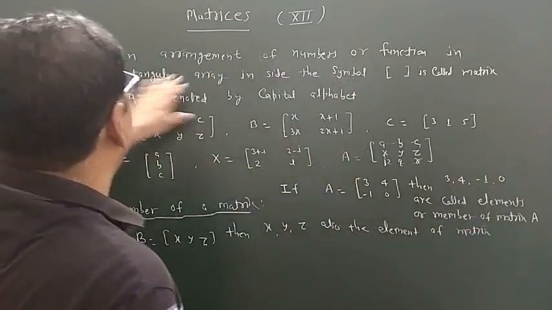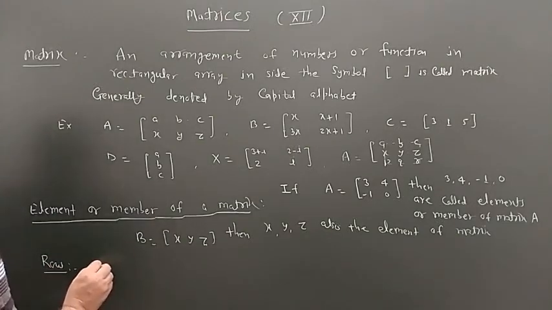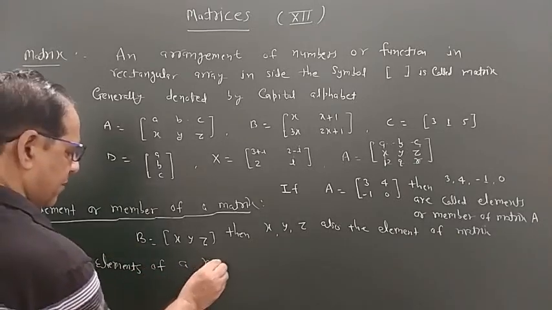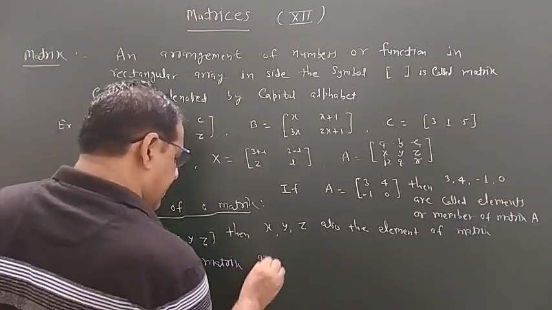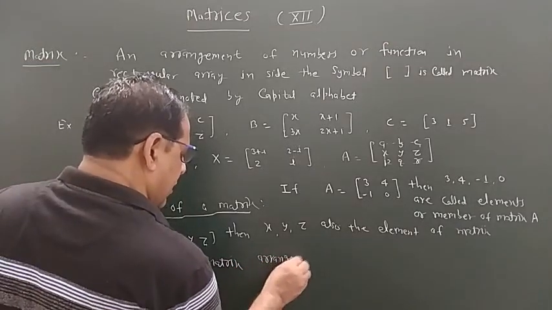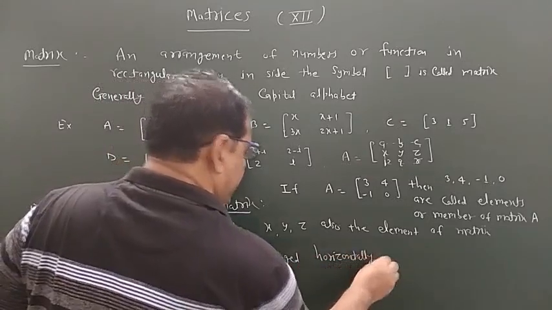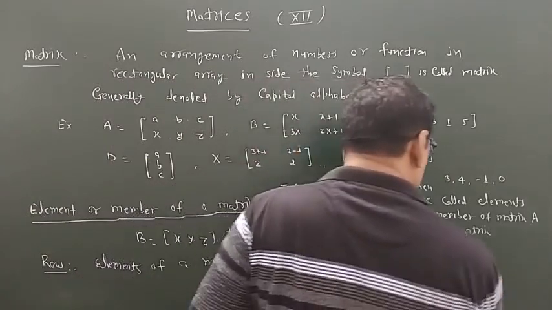Now here we are using the words rectangular array. So the first important word used in a matrix is row.